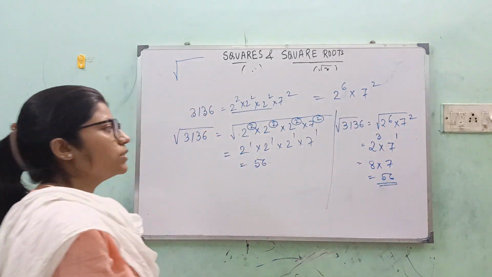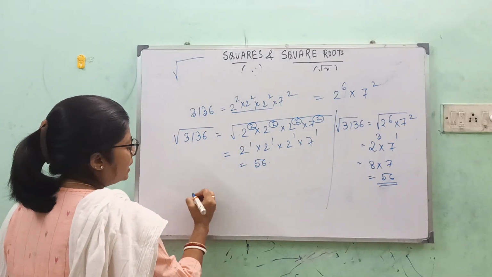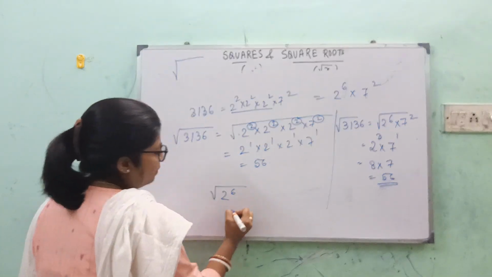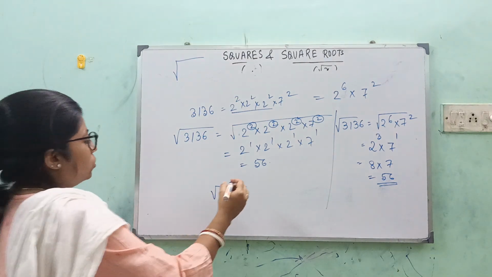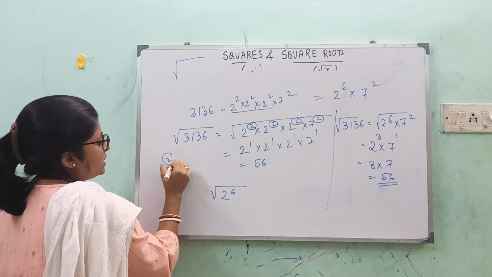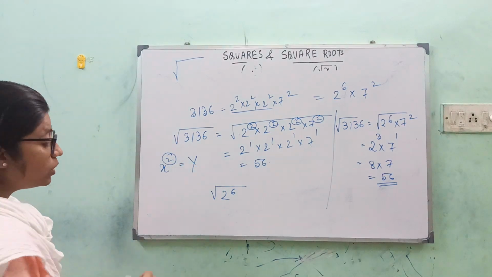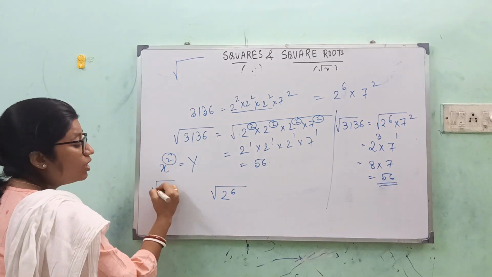Now some of the students might have a question, ma'am, why is the power made half? Correct, no problem. See, if I find the square root of 2 to the power 6 for an example. Square means to make a square of something, you are raising something to the power of 2. So suppose x square is y. Now when I write square root of y, what does it mean?